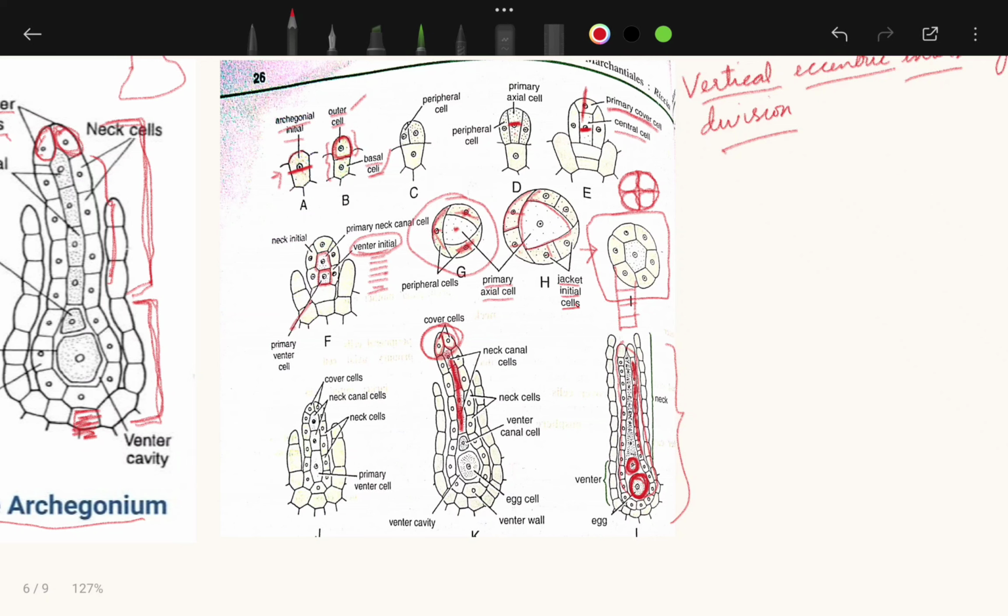These peripheral cells will divide and give rise to the 6 vertical rows of cells, that is the neck region, and this primary axial cell will undergo a transverse division and give rise to the primary cover cell and central cell. This primary cover cell will give rise to the cover cells, and the central cell will keep on dividing, and this will give rise to the egg, that is the female gamete, as well as the neck canal cells.